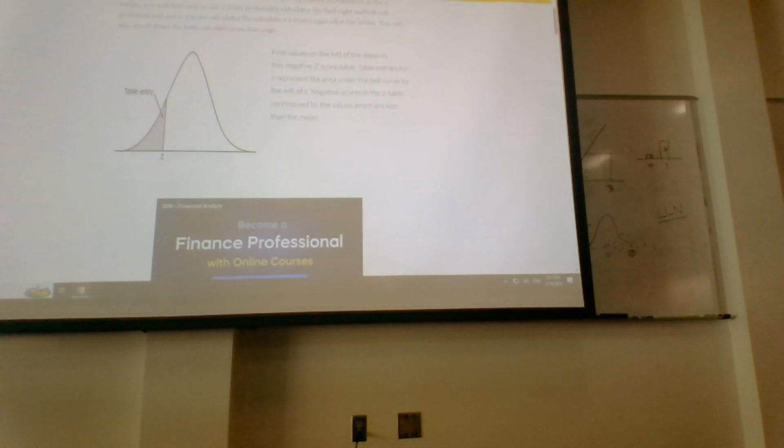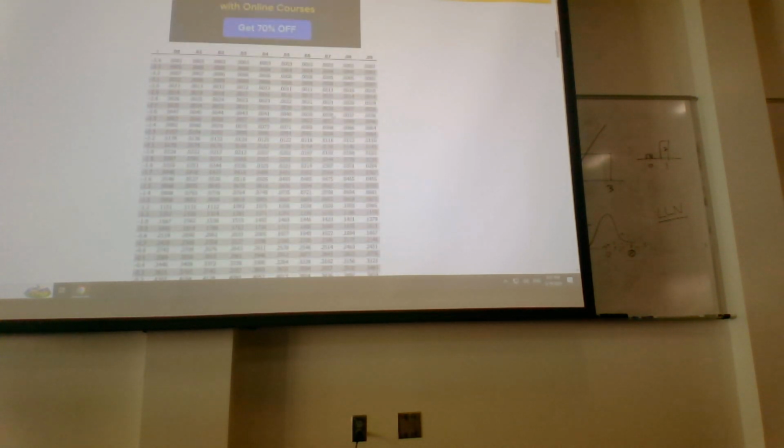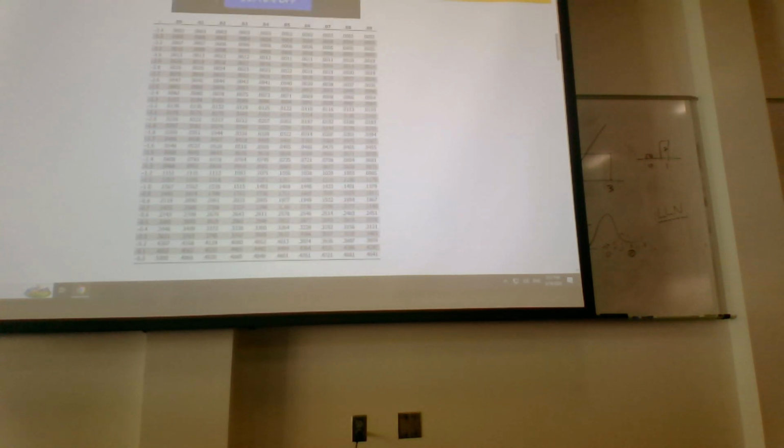For example, if I wanted the 20th percentile, if I wanted this area to be 0.2, I would find 0.2 in here somewhere. It's about right there. So the 20th percentile is about negative 0.84. This is the first number, this is the second digit, 0.84.